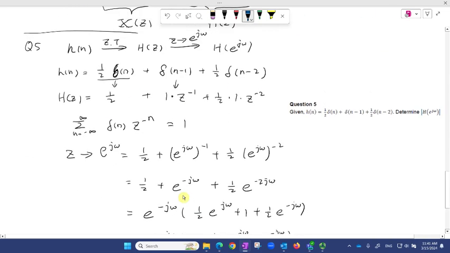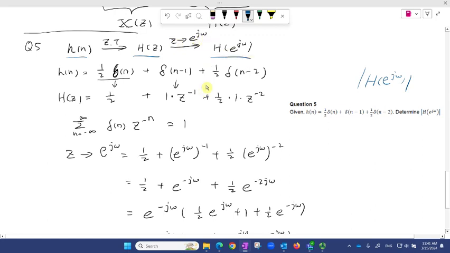Very last one. If you want to determine the capital H of e to the power of j omega, the step is to use h[n] to do a Z transform, and then replace z with e to the power of j omega.